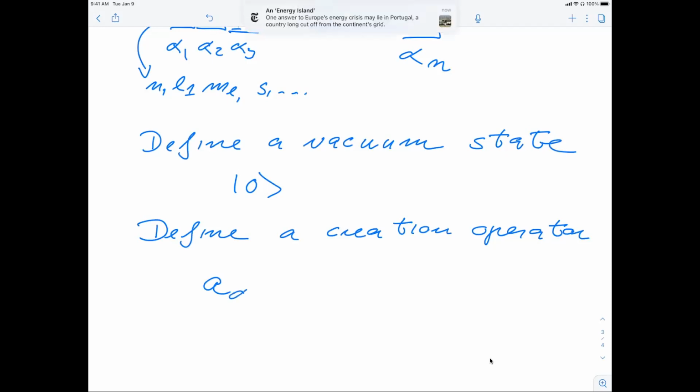I'm just going to write it like alpha here. And it's given with this sign here. And this acts on the state 0. And then it creates a particle in a state alpha. And this is going to be written like this, alpha here.